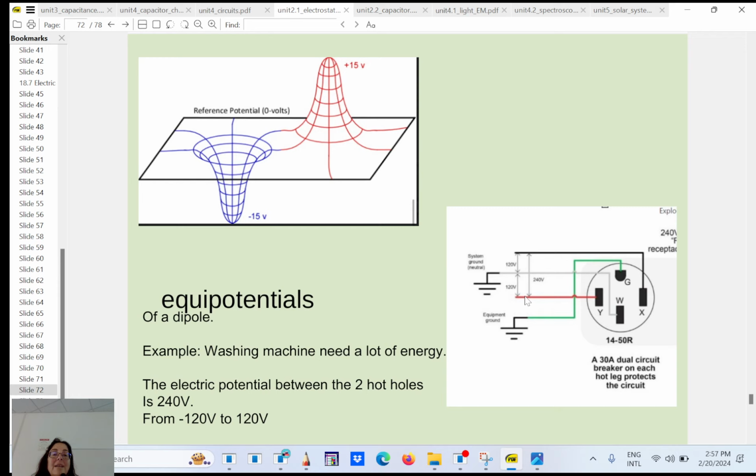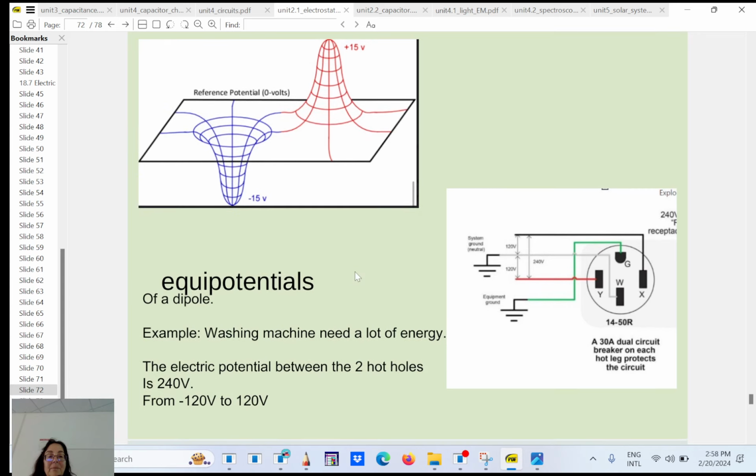One is at minus 120, so it's like a dip, 120 below the ground. One is at 120 above the ground. So what's going to be the difference in voltage? 240 volts. So that way we can give them more energy for the same current. There will be more energy available.